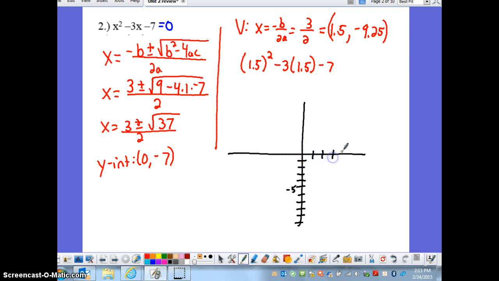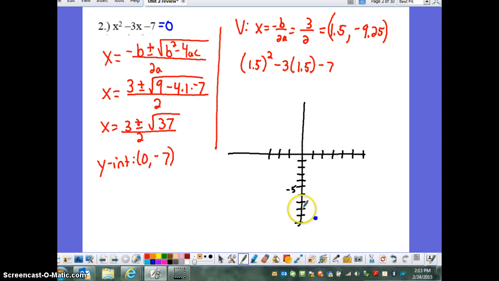So you're going to have to use your calculator to find the decimal values of those x-intercepts there. All right, so first if I plot my (1.5, -9.25), that's going to put me down here. My (0, -7) is going to put me right here. And then 3 plus root 37, and then 3 minus root 37, both those divided by 2. They're going to give you answers between -1 and -2, and then between 4 and 5.